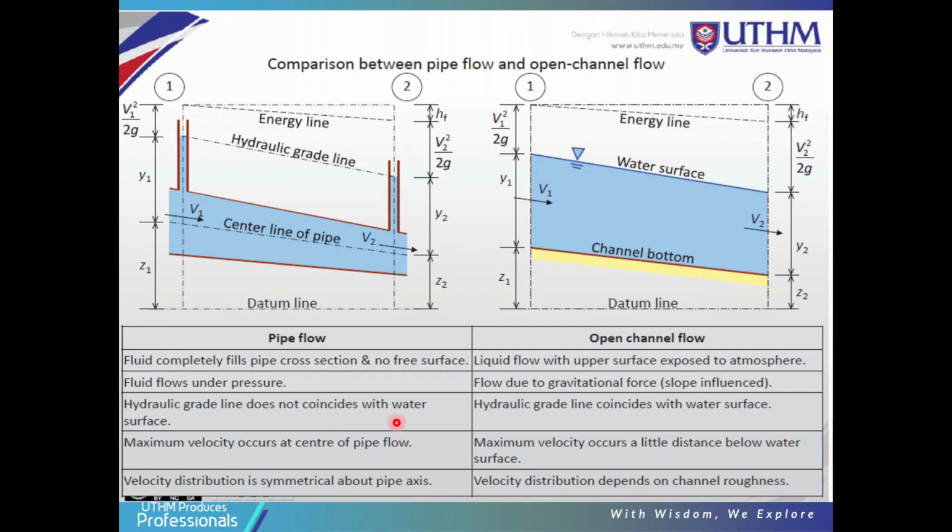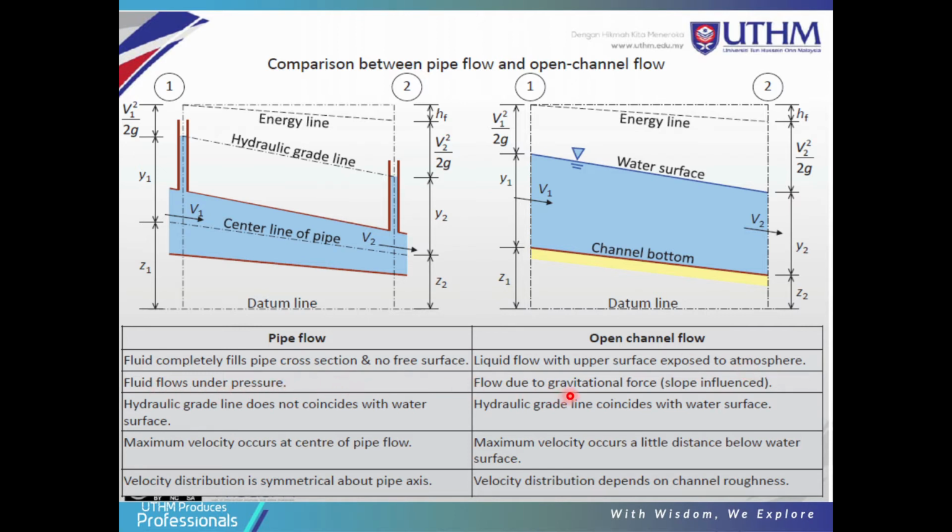Okay, the comparison between pipe flow and open channel flow. In pipe flow, the fluid completely fills the pipe cross section and there is no free surface. Open channel flow is exposed to the atmosphere. Pipe flow is under pressure.